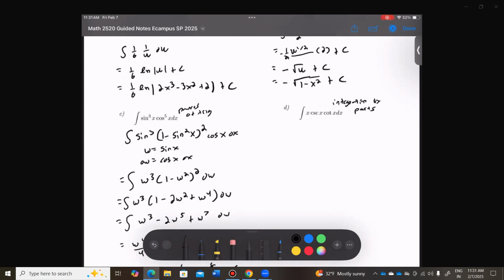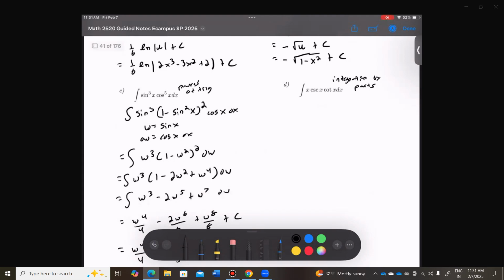And then the last one on this page, we'll use integration by parts. We're going to let u equal x, so du equals dx. And then actually before we do that, I want to adjust this integral some.